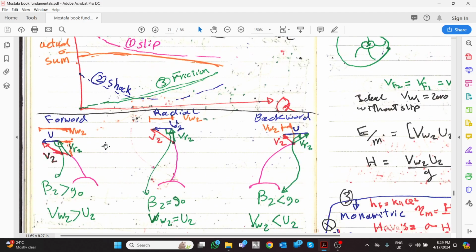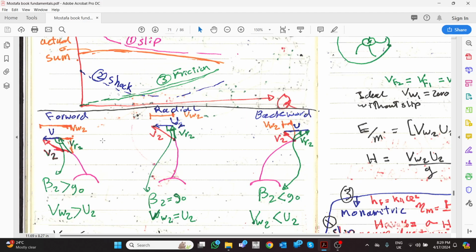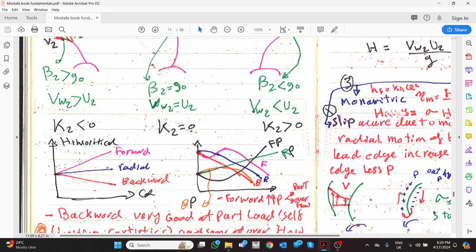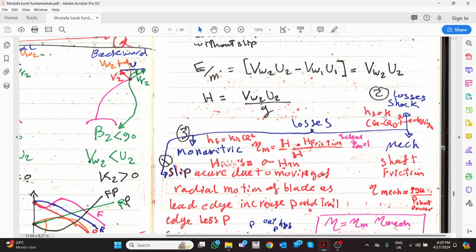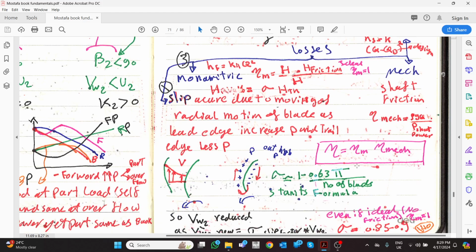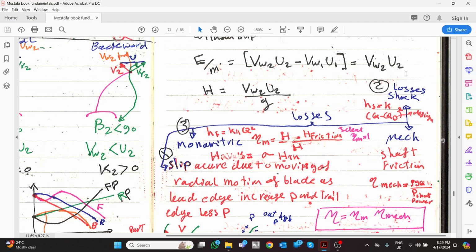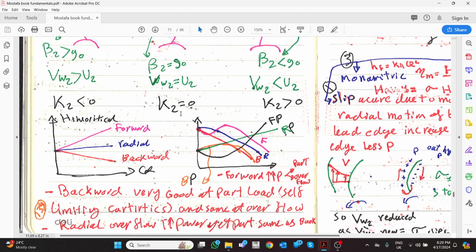And again, if we say this is K2, the shock itself. In case of backward, K2 is bigger than 0, and if it is forward, K2 is less than 0.